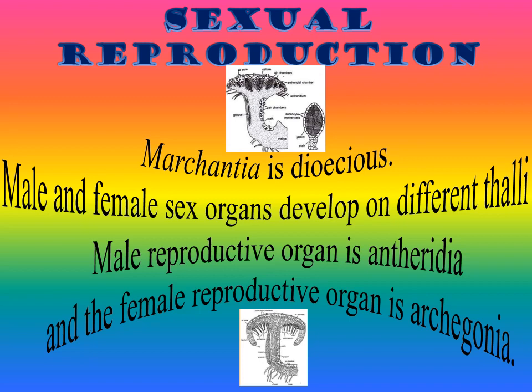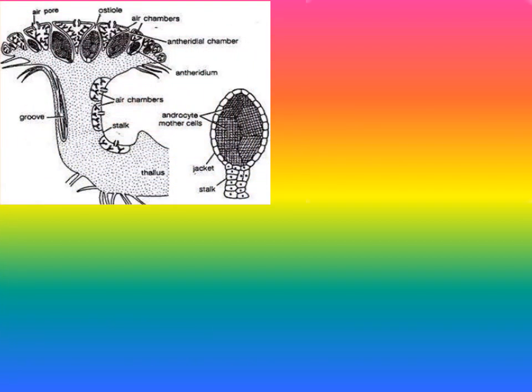Sexual reproduction. Marchantia is dioecious. Male and female sex organs develop on different thalli. Male reproductive organ is antheridia and the female reproductive organ is called archegonia. You can see this in the figure.